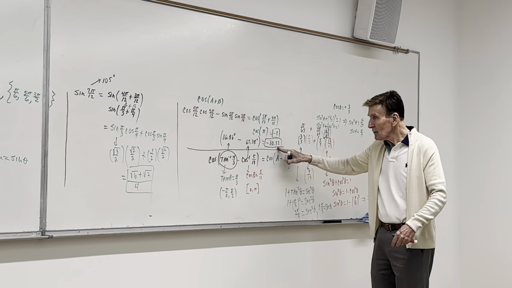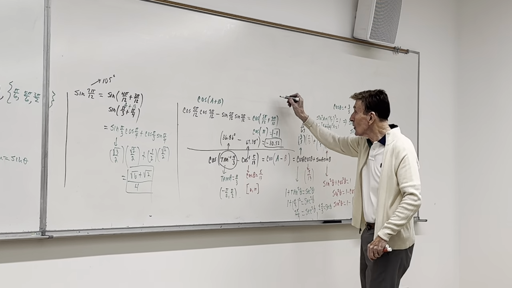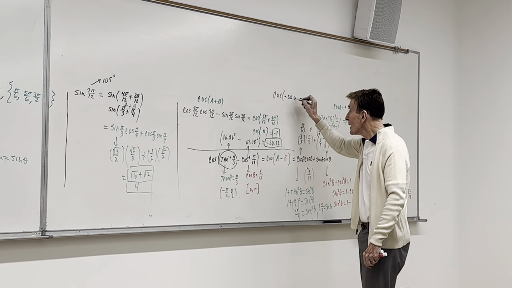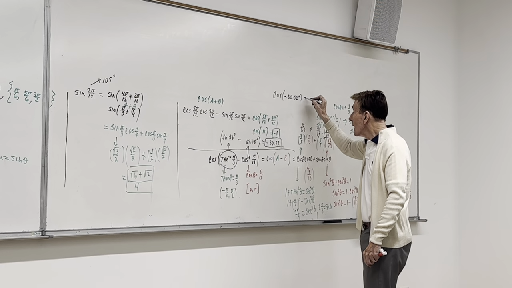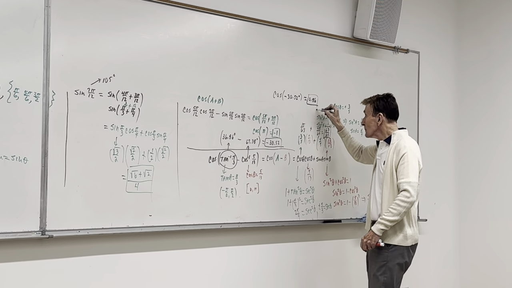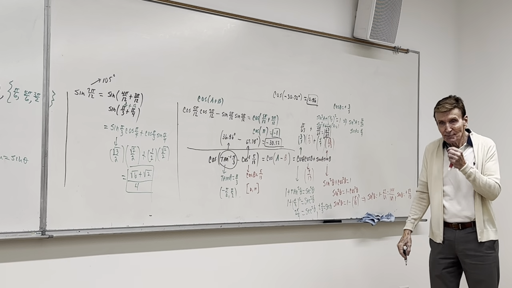Take the cosine of that negative 30.52 and tell me, what does the calculator show? 0.86.